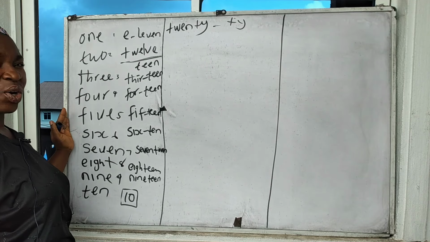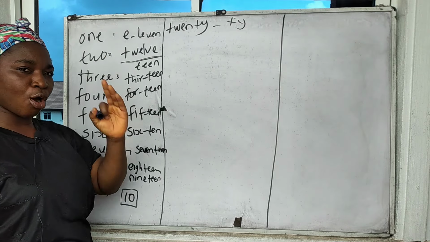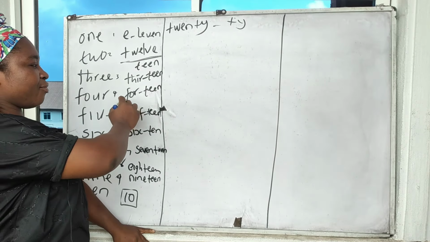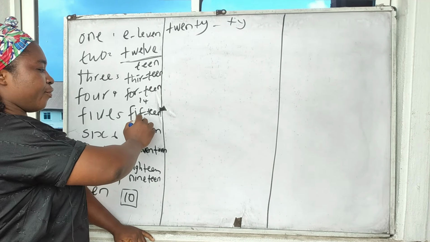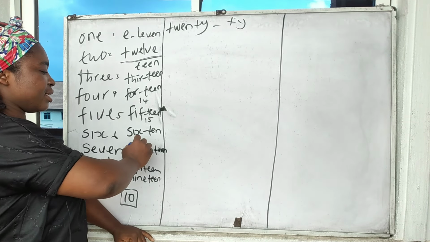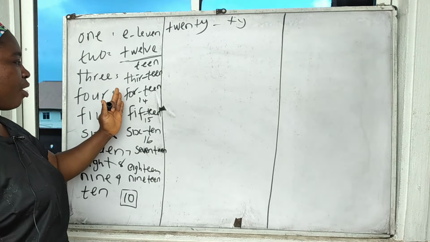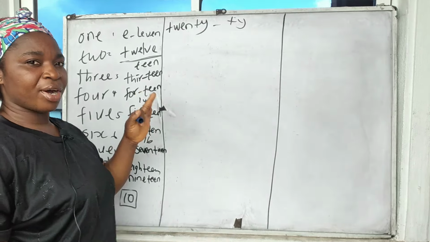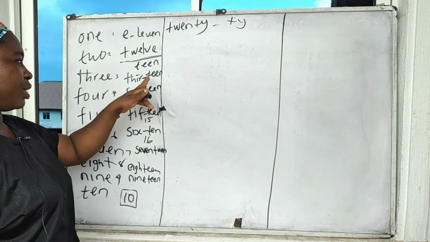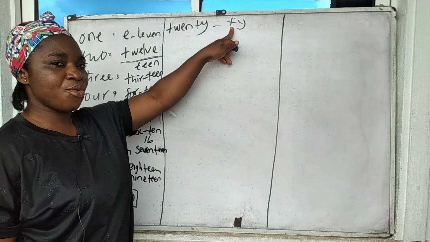Right here they were single numbers, 3, 4, 5. Once it becomes double, like 14, it has 1 and 4, it is double. 15 is like this, it is double. 16 is like this, so it goes on. Now with the 20, some of the letters that actually change to the plural form will work here, but the only difference now is going to be the TEEN. This TEEN will no longer be here but TY.